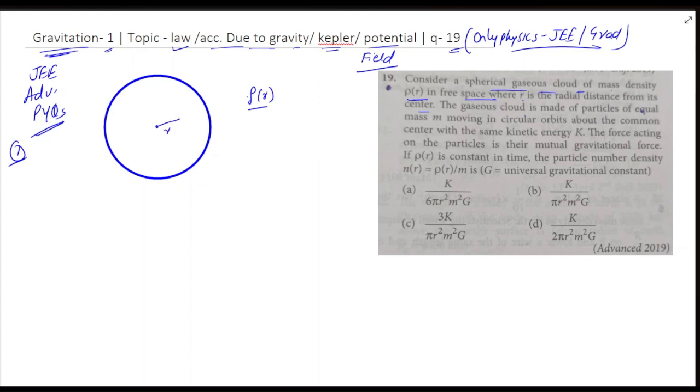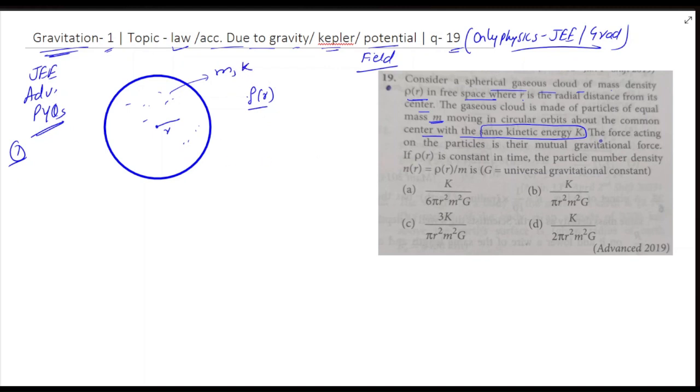The gaseous cloud is made of particles of equal mass m about the common center, and they all have the same kinetic energy, which is K.